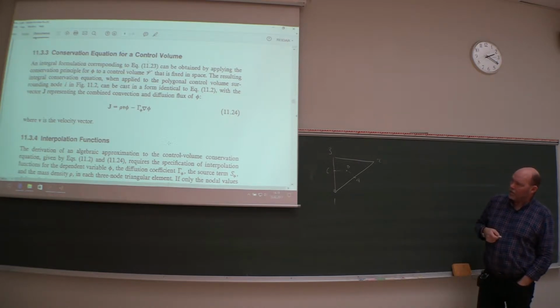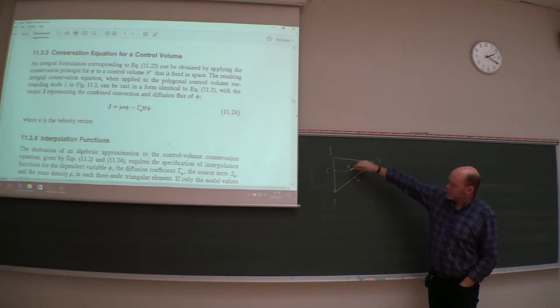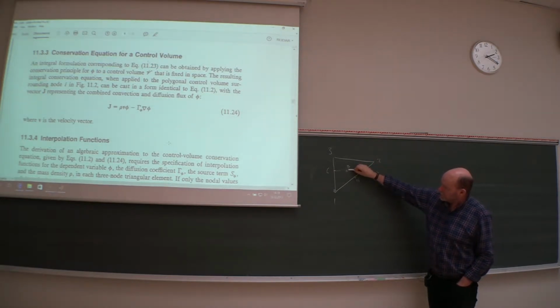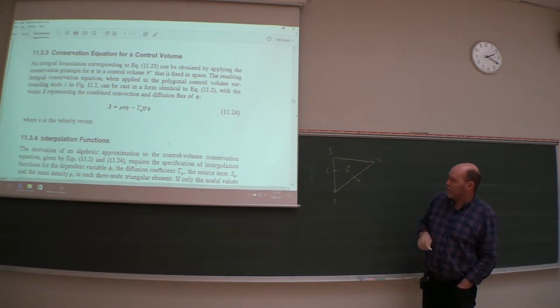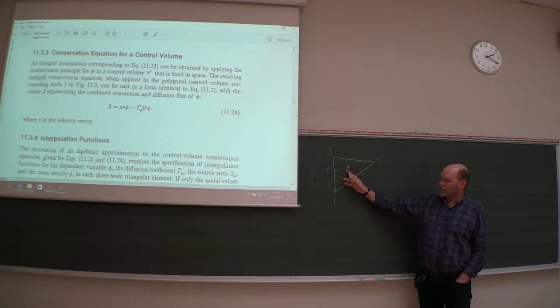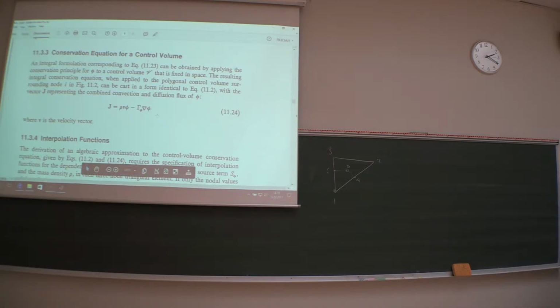And now if we have one velocity covering the entire triangle, calculated around this midpoint in the triangle, then it should be a very good representative for the velocity for these two line integrals. At least not so bad.